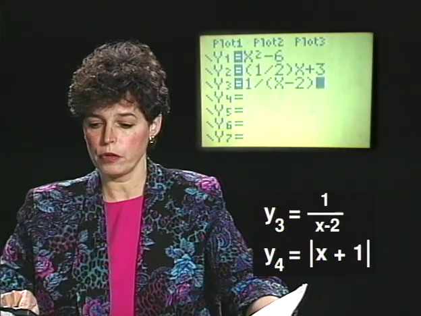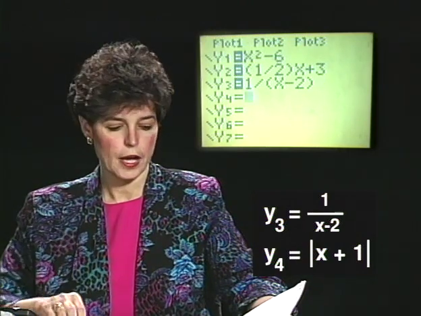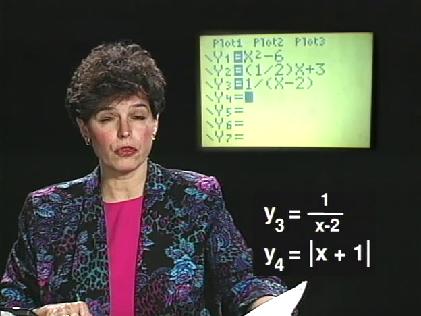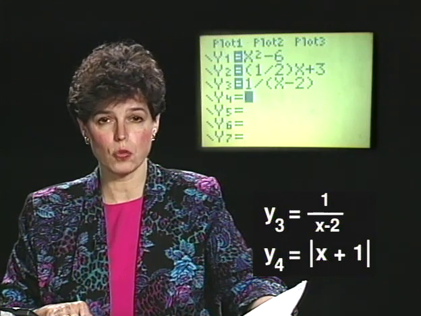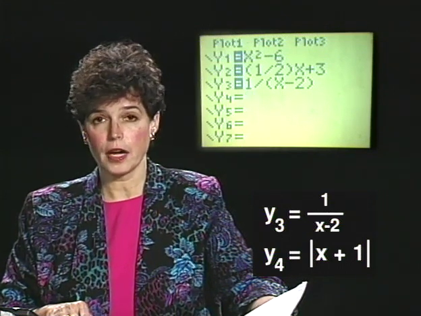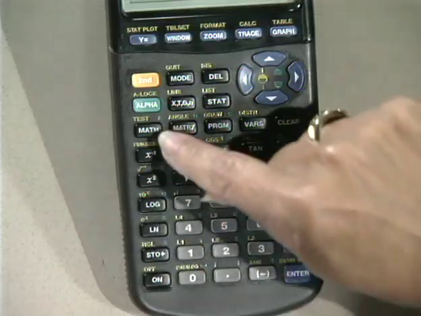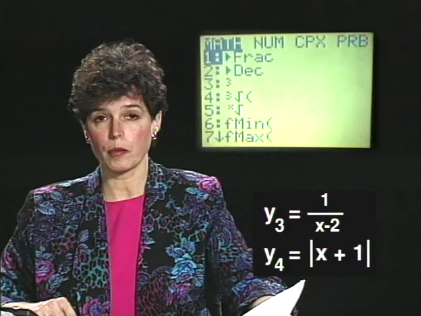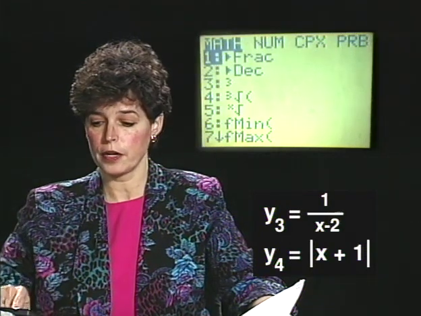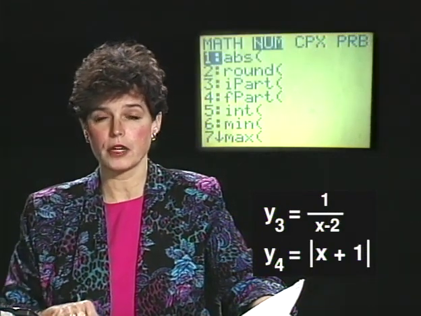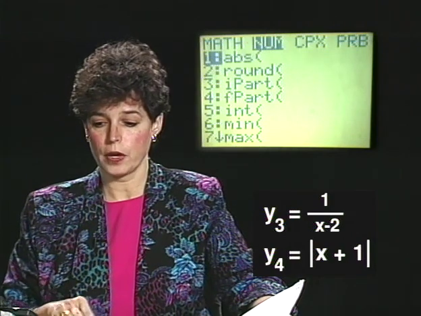Let's enter one more function before we get going, and that is going to be y equals the absolute value of x plus 1. Now, in order to access absolute value, I'm going to go to the math key over here on the left. I'm going to go over to num, so use your right arrow to go to num, and you see that ABS is right there at the top.